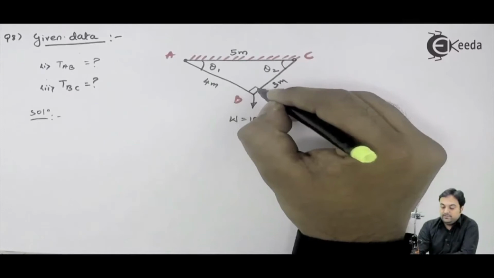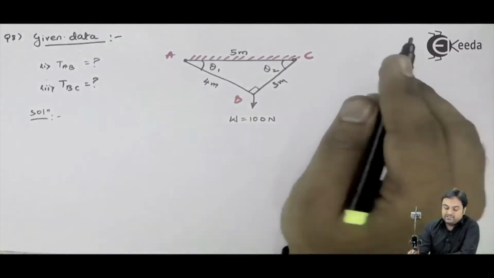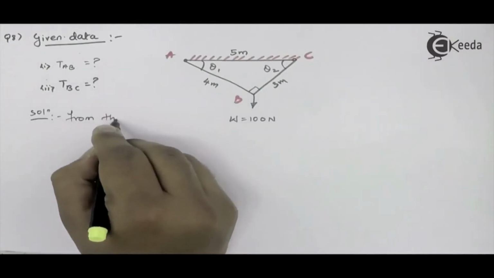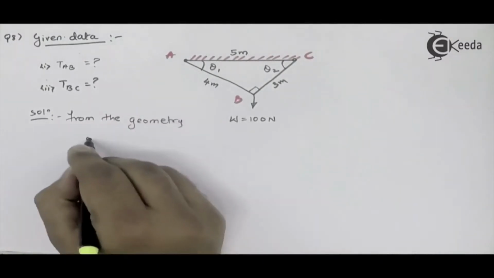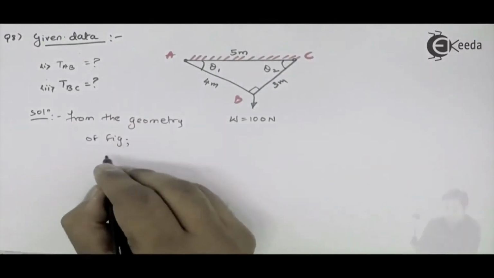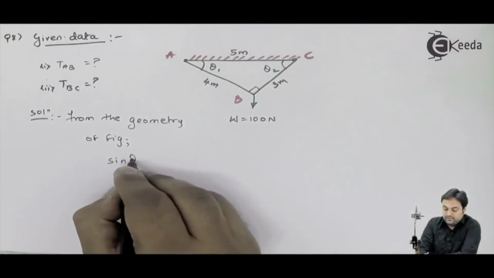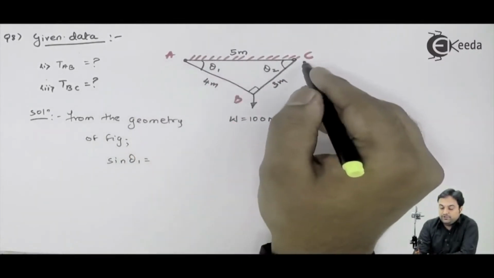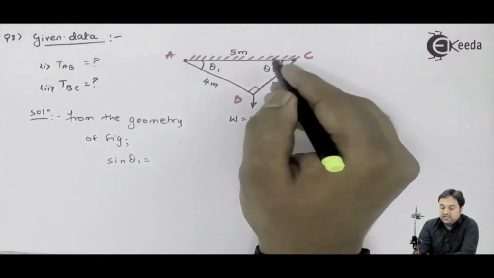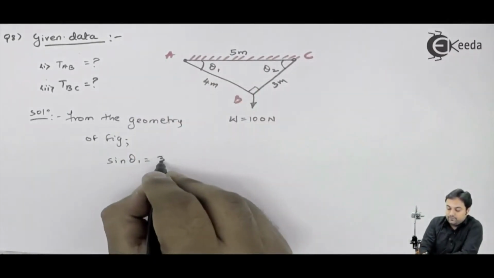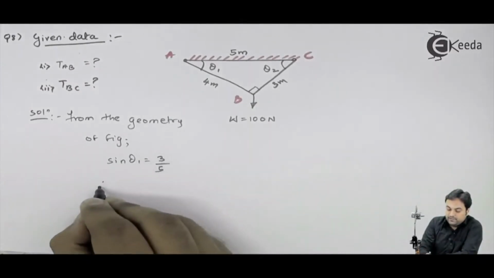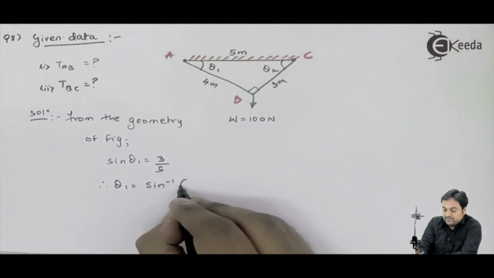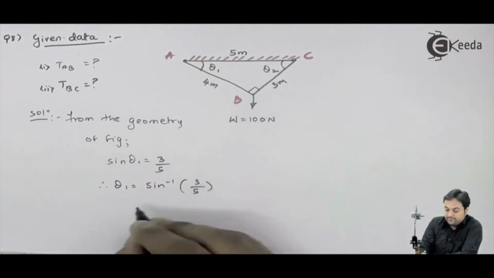This angle will be 90 degree. From the geometry of figure, sine theta 1 is opposite upon hypotenuse. Opposite side is 3, hypotenuse is 5. So 3 by 5. Hence theta 1 is equal to sine inverse of 3 by 5.